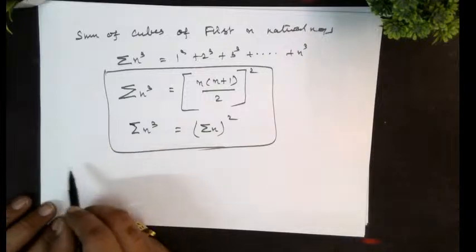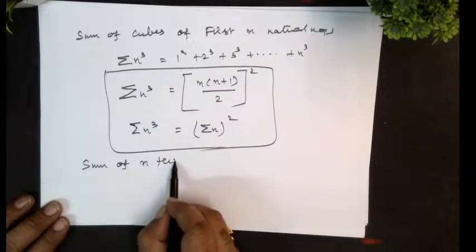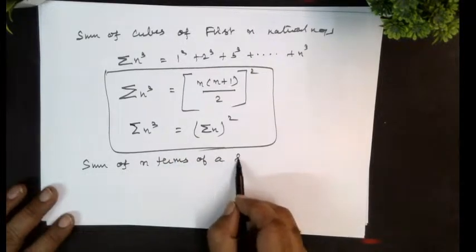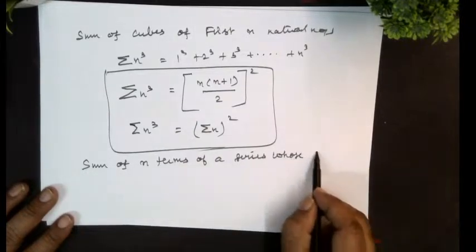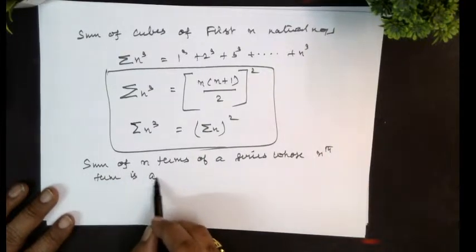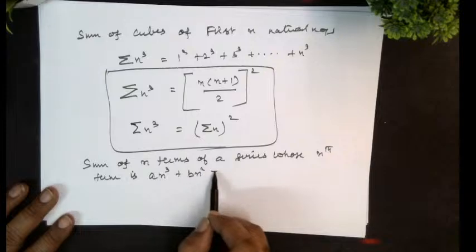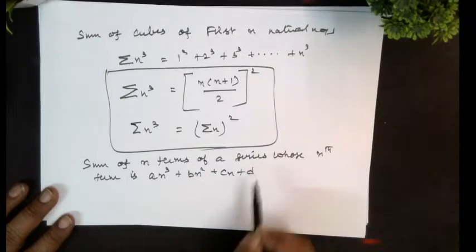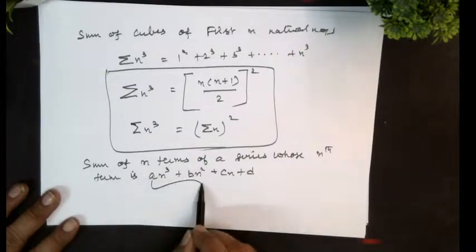So thereby we can build up further. Sum of n terms of a series whose nth term is a n cube plus b n squared plus c n plus d. Okay, nth term means this is Tn.